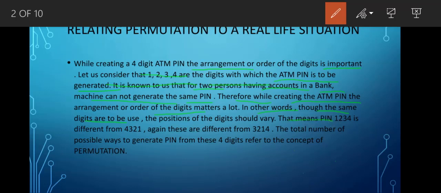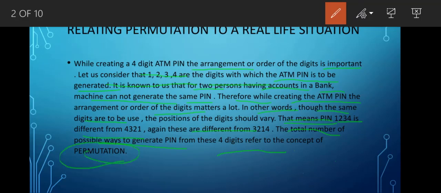That means the PIN 1 2 3 4 is different from 4 3 2 1. Yes, of course the positions are different, that is why the PIN number is also different, which is again different from 3 2 1 4.